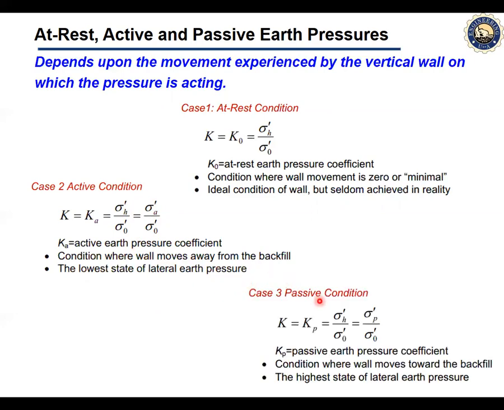Case 3 is a passive condition where in place of sigma H prime, we have sigma P prime. This is a condition where the wall moves towards the backfill. So the important thing to notice is that in the active condition, the wall moves away from the backfill, and in the passive, it is moving towards the backfill. Passive condition will give us the highest state of lateral earth pressure.